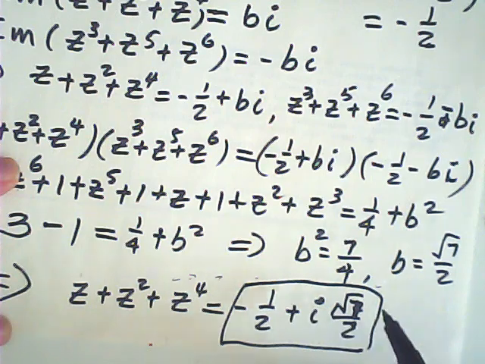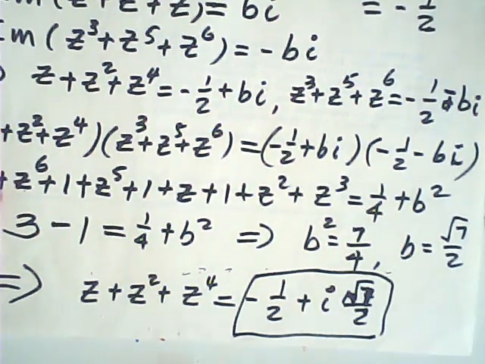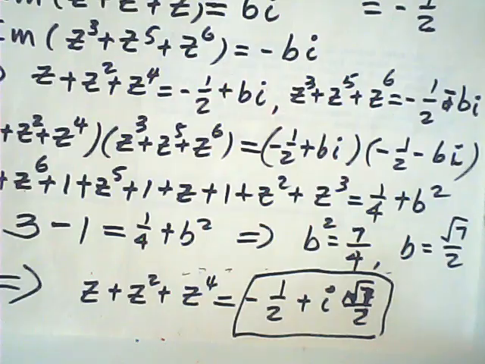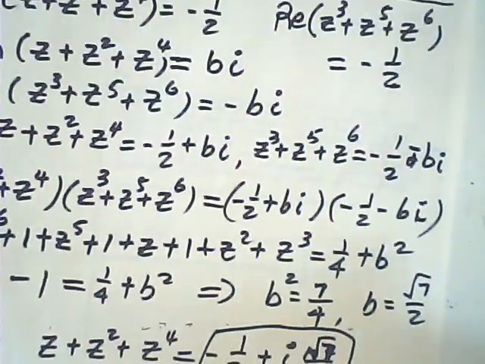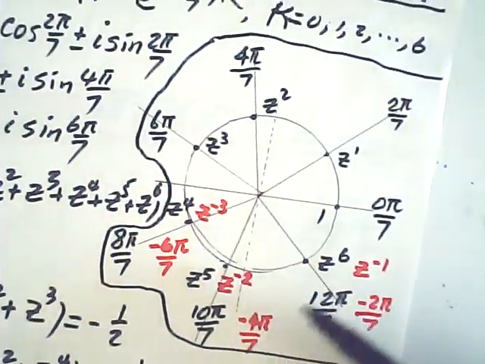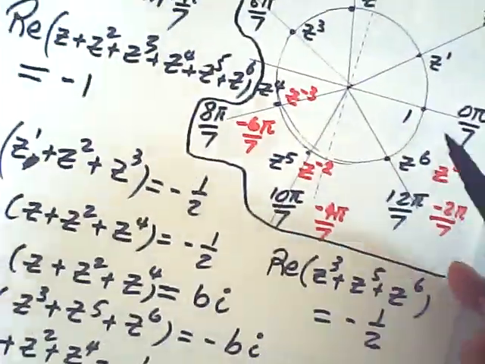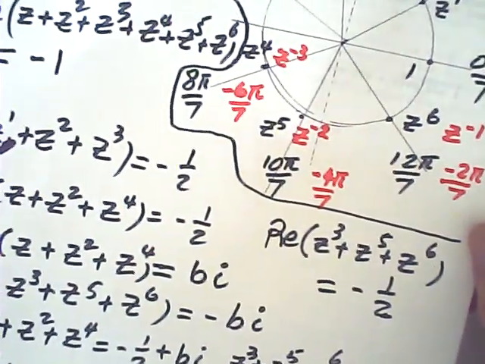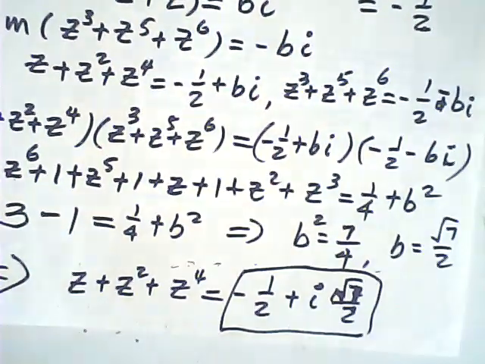Okay. So finally we find this. There's root 7 over 2. Well, this picture, that graph, it really helps. It explains everything. Thank you.